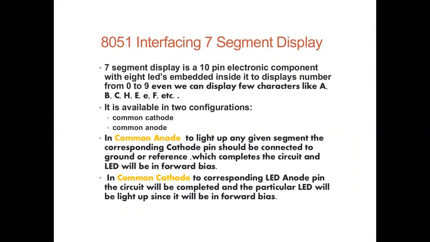In common anode, to light up any given segment, the corresponding cathode pin should be connected to the ground or reference, which completes the circuit, and the LED will be in forward bias. In common cathode, the corresponding LED anode pin is driven, the circuit will be completed and the particular LED will light up since it will be in forward bias.